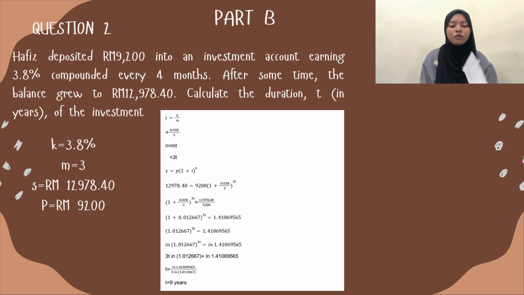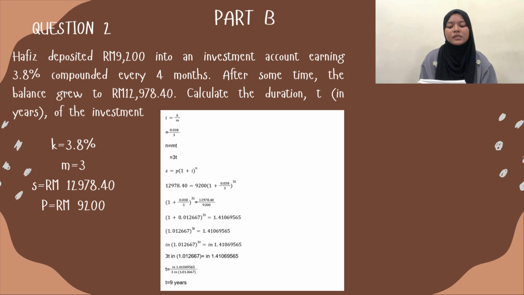After we solve this, it will be bracket 1.012667 end of bracket to the power of 3 times T equals 1.41069565. We will use ln here, so it will be ln of bracket 1.012667 end of bracket to the power of 3 times T equals ln 1.41069565.